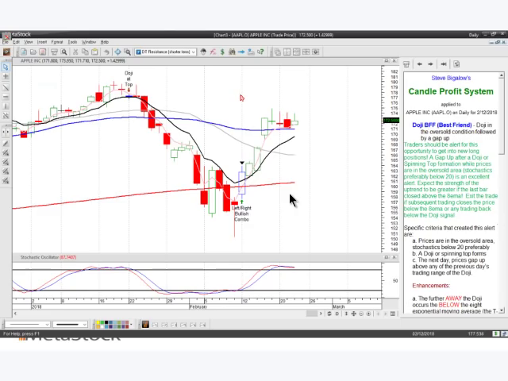So let me take a look here real quick. I wonder if we've been doing a little bit of work on here, and I turned on some patterns. I think I might have made a little bit of a mistake in there. But you are right. That's a Doji best friend on Apple right there.